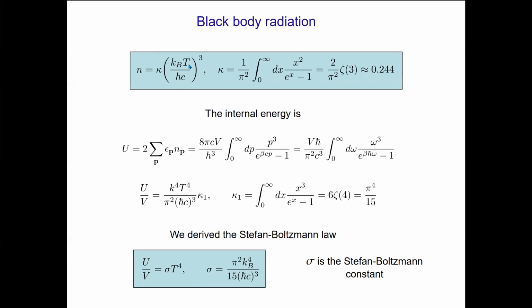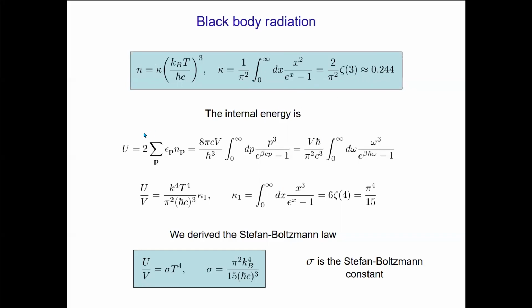All physical quantities are now in these brackets, and we see that the density is proportional to the cube of the temperature. And there is this integral, which cannot in general be calculated explicitly. It's proportional to the zeta function of 3, and this is a numerical value.